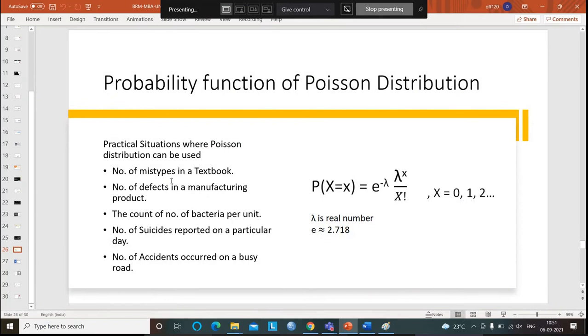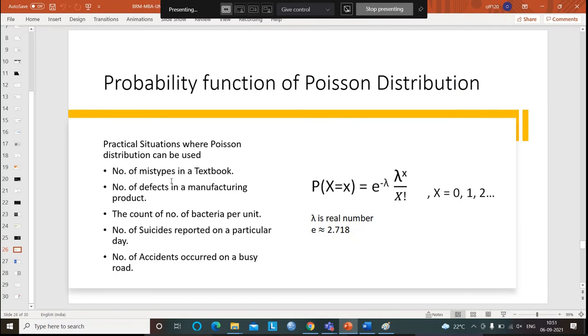So in this number of vehicles, how many accidents can occur? Accidents may occur, may not occur. Though it happens only one or two, not 10 or 20, on a busy road all day, right? So the number of trials will be very high, out of which the probability of success will be very low. Then that case is called Poisson distribution.